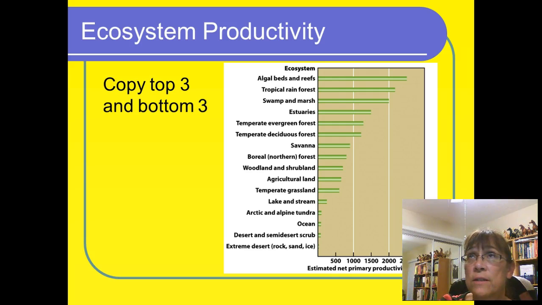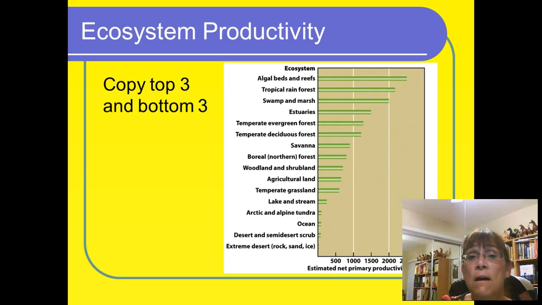Algal beds and reefs have lots of photosynthetic ability going on. Lots of algae. In reefs, we're talking about coral reefs, and there's the zooxanthellae that actually has the mutualistic relationship with the coral. So coral reefs have to be in the sunlight and have very clean water.